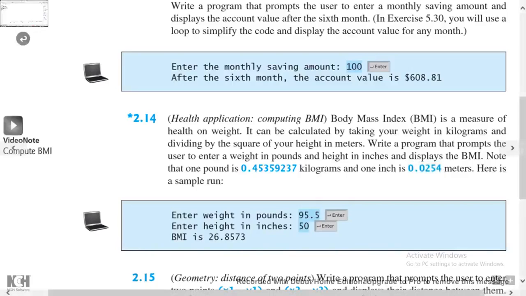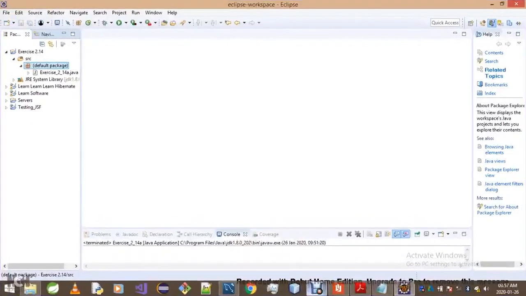Let's try to do the coding and see if we punch these values, we're going to get the number 26.8573. Of course, that's not the only case you should check. You also have to think of exceptions, cases that will mess up your code, cases that will result in your code giving you a runtime error, for instance.